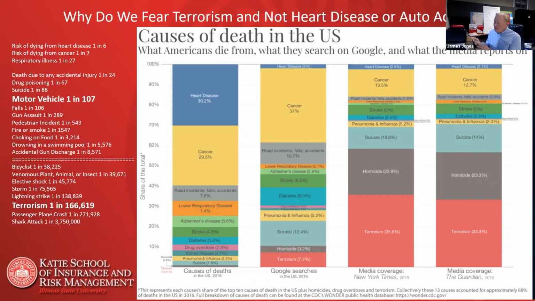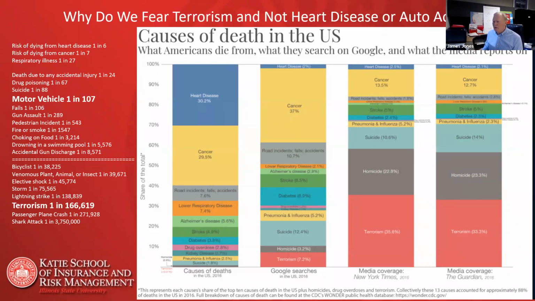If we move further to the right here, and you look at a couple of well-known news outlets, the New York Times and the UK Guardian, look at how much coverage they give to these different categories. And look how much terrorism is. So you would think that terrorism, if just based on coverage, is a big risk that is facing the world.